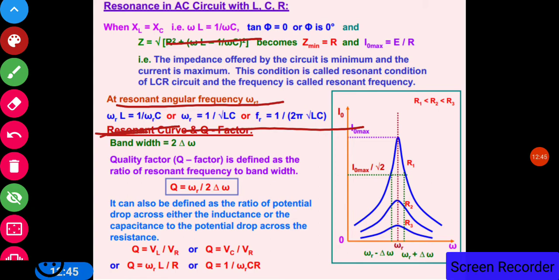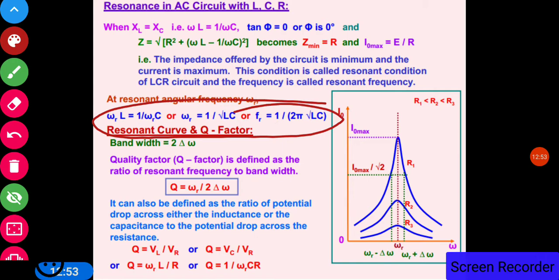This is the angular frequency. In terms of the frequency, F is equal to 1 upon 2 pi under root LC. So, this expression is for the resonant frequency, angular frequency, or simply the frequency. Fr is equal to 1 upon 2 pi under root LC.